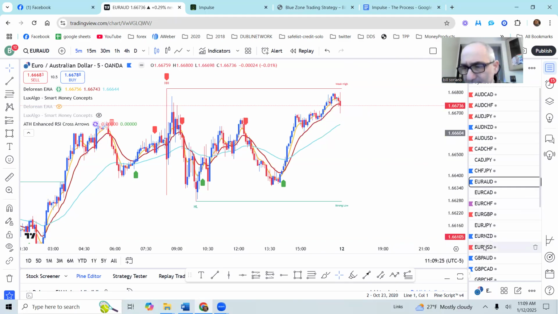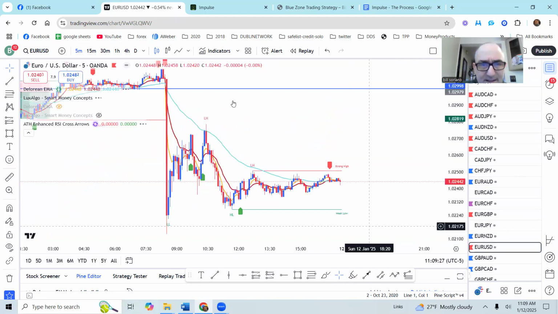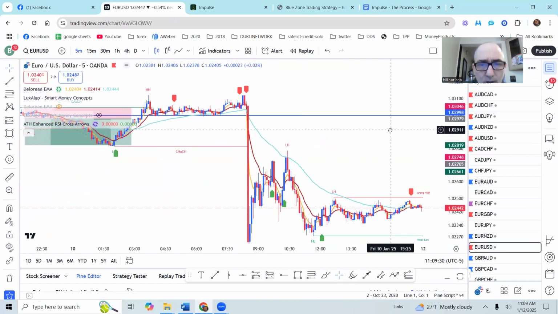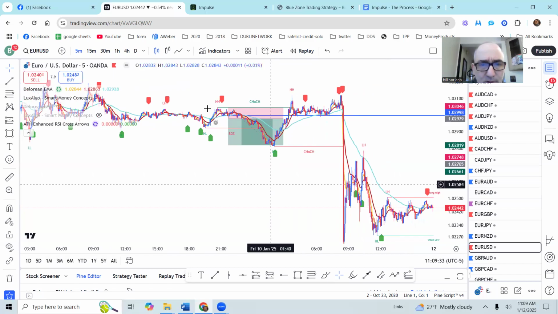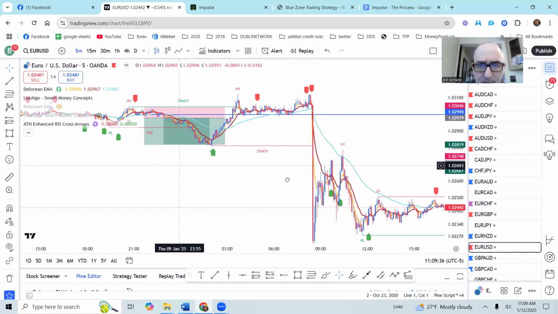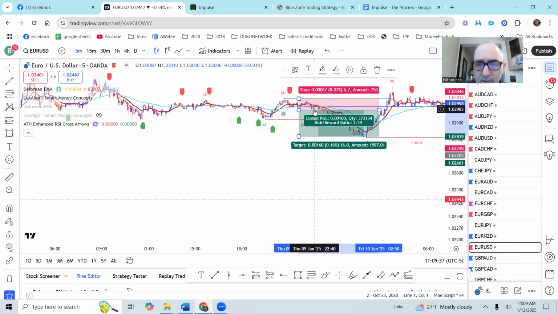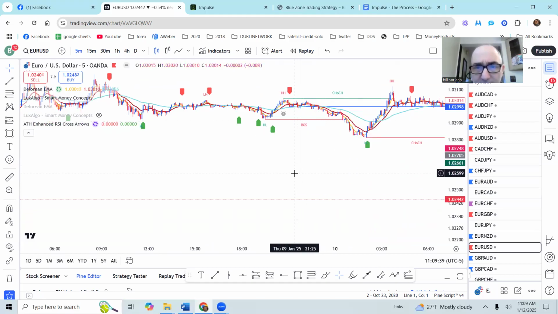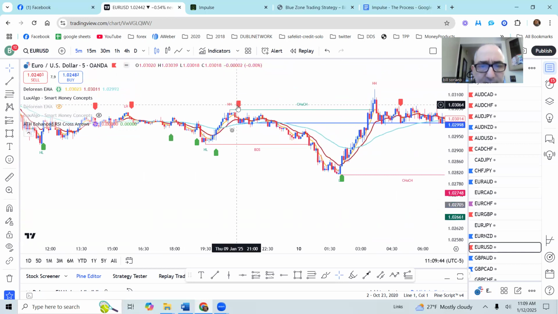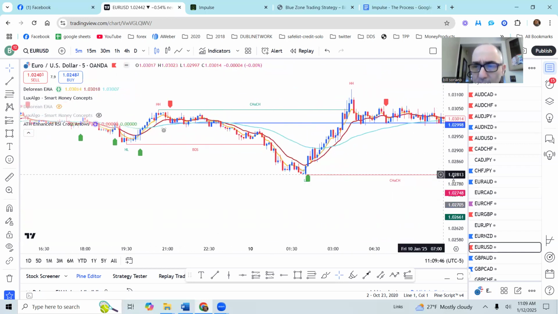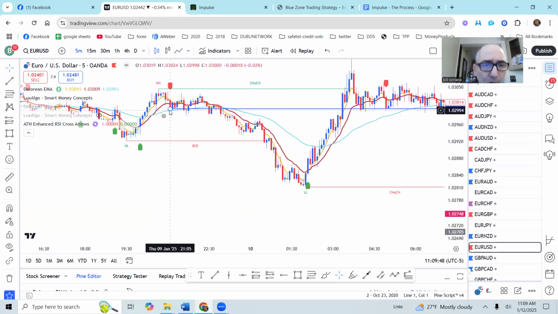This was Thursday evening, EUR USD. We had a trade alert here that went off back here when I was looking. You can see this one right here. And so let me just remove this here for a second. So you can see the alert goes off right here, and then we wait for that flat bottom to form.